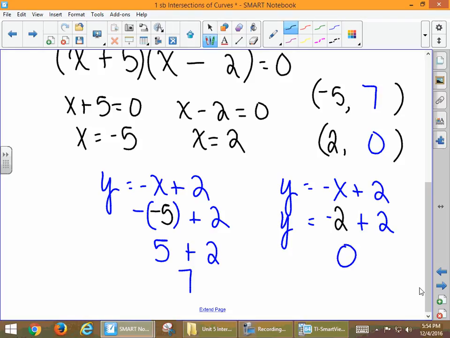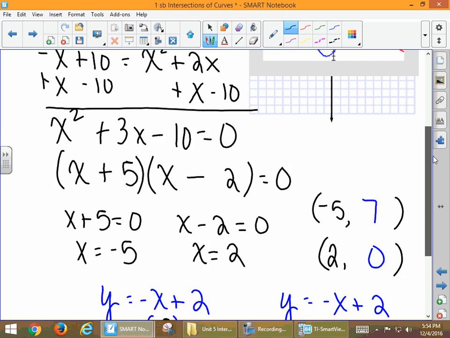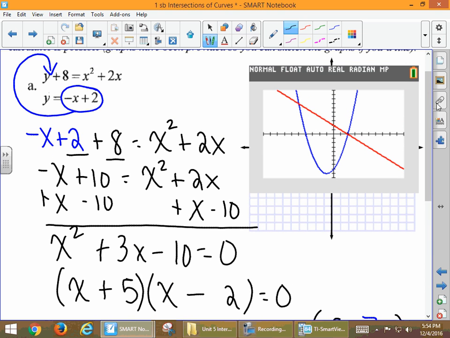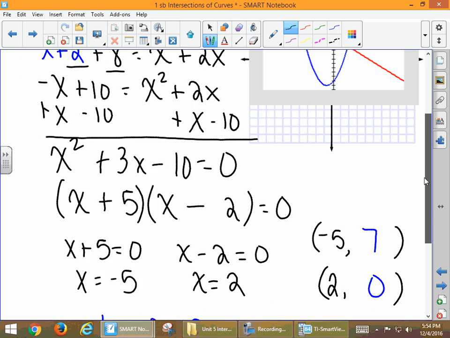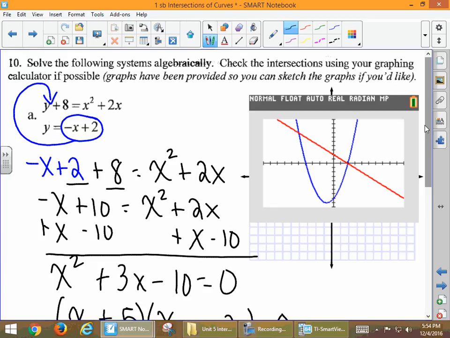Once we've got our 2 ordered pairs, look back at your picture on the calculator. Does that make sense? Well, there's 2, 0. And if we're really looking, 1, 2, 3, 4, 5, negative 5, 7. Seems logical.